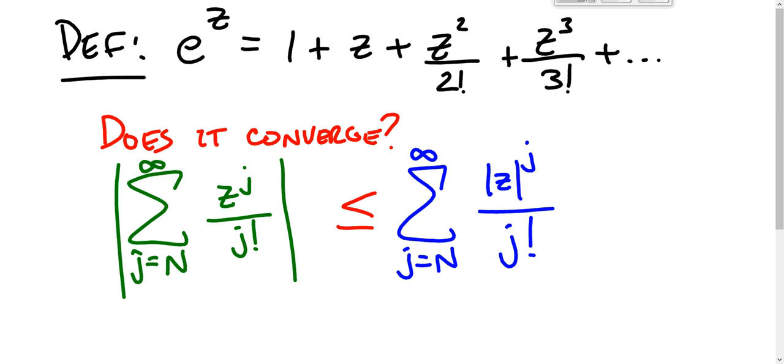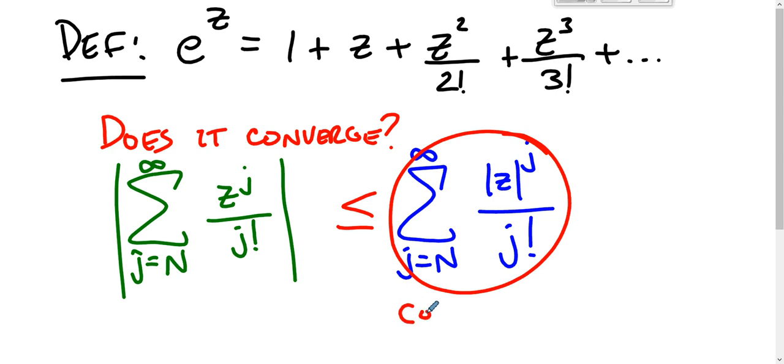And we know from Math 222 that the e to the x series for real numbers, and this is a real number, converges. So if e to the x converges for real numbers, this has a limit of 0.